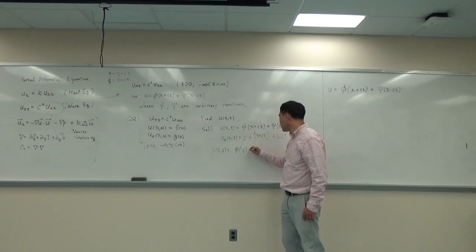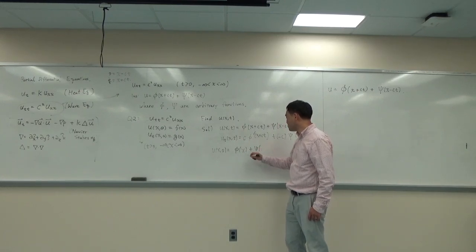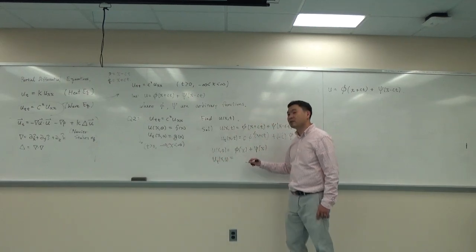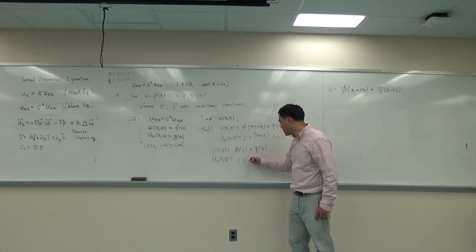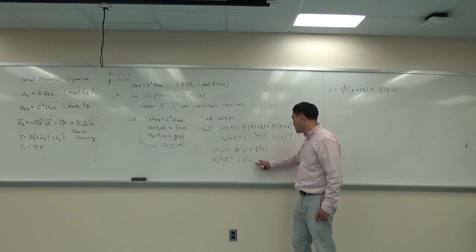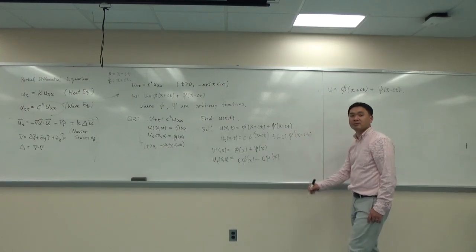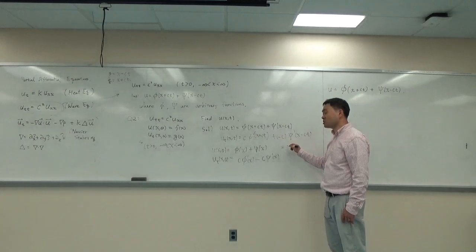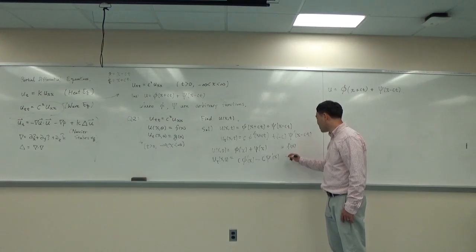And then u_t(x,0) would be c phi prime of x minus c psi prime of x. And the first one has to equal f(x). The second one has to equal g(x). Good.